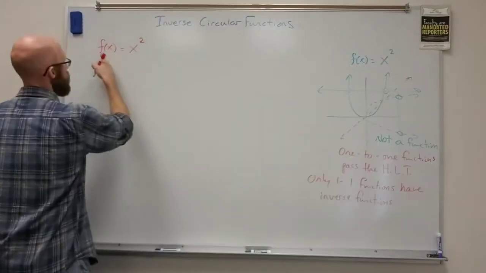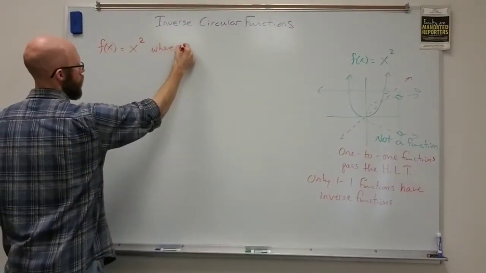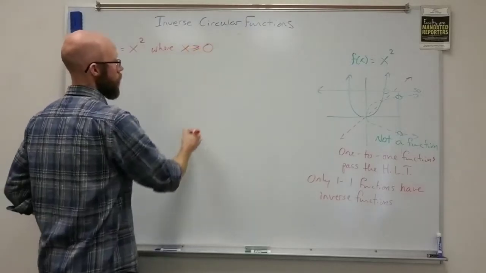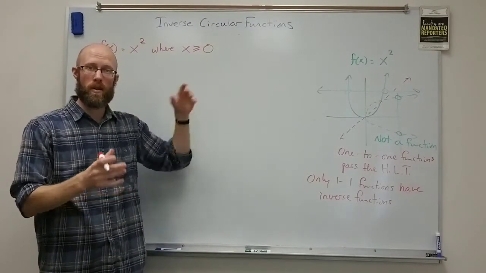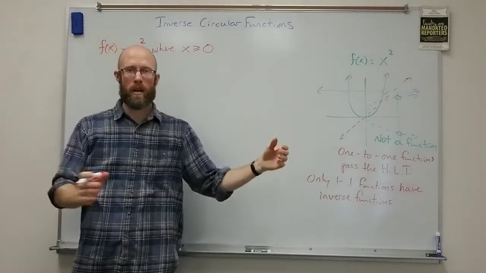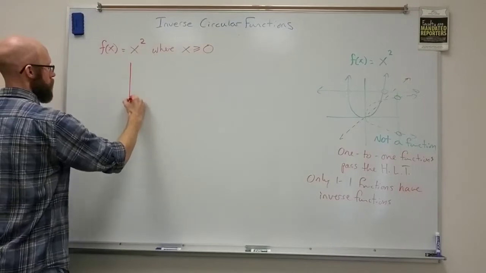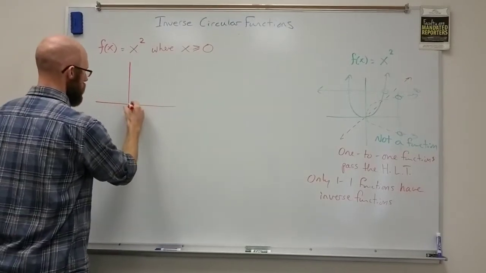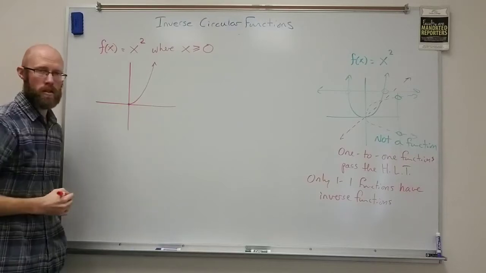So if you said x squared, where x is greater than or equal to 0. So now I've just established a new domain. Instead of having an all real number domain, I'm just going to take half of the graph. Well, this graph is just the right half of the parabola starting at the origin, right?